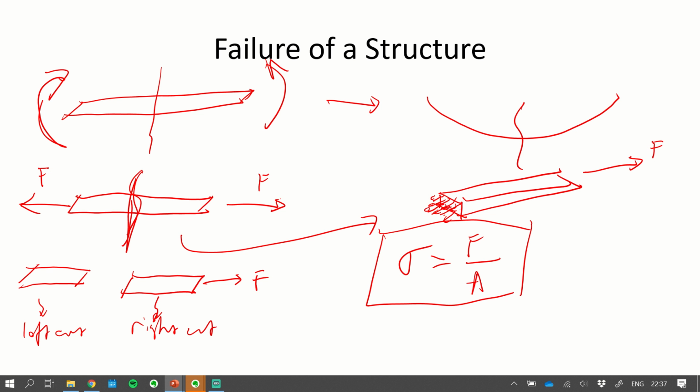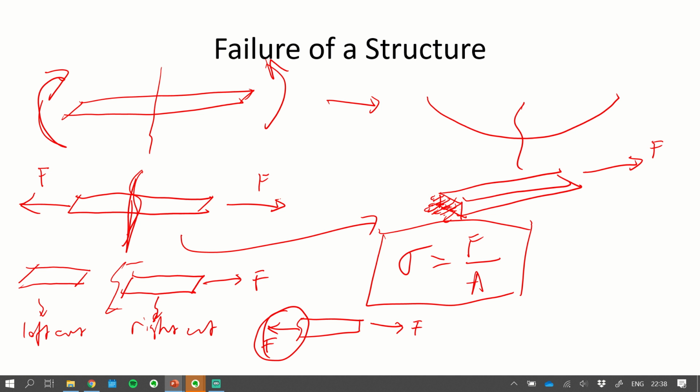That's why we have to find something at this side which makes this particular cut in equilibrium. That's why we can draw the cut like this. This is F there, and there's supposed to be another F here, which is the internal force happening at that particular cut.